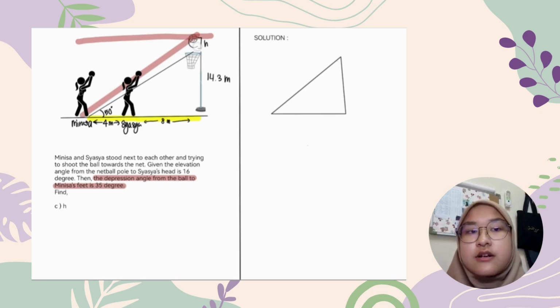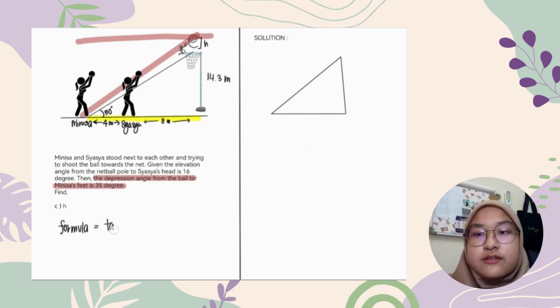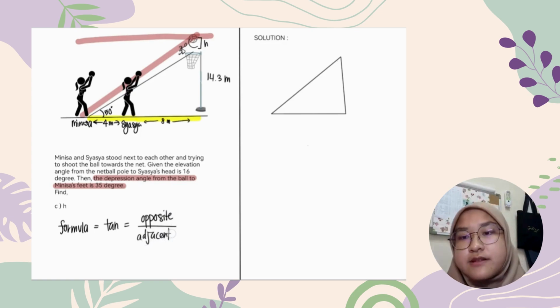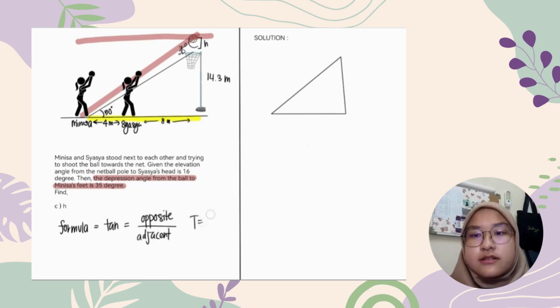So I'm going to sketch in the diagram with 35 degrees elevation. 35 degrees there. Then for the first step, I'm going to use the formula tangent equals opposite over adjacent. Same as question A and question B.